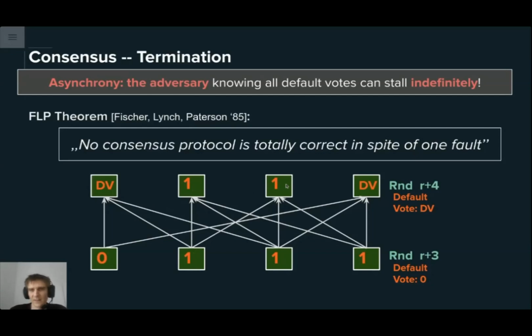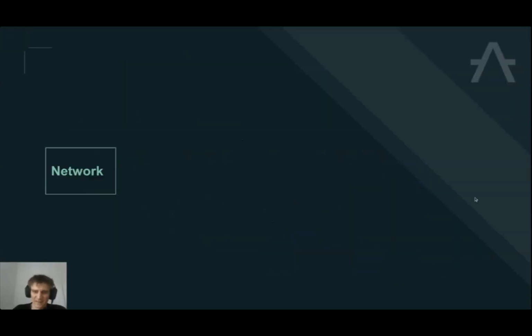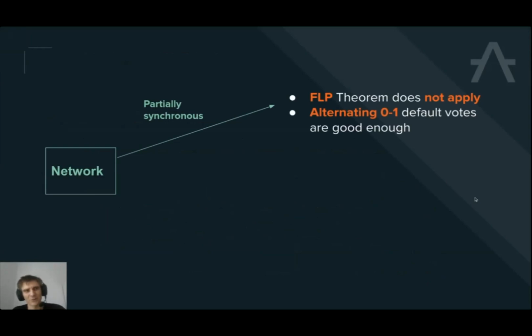So now, if the default votes were kind of random, then we would have a 50-50 chance to hit consensus, because if in this case we hit 1, then we are done. So this intuition kind of works if the network is partially synchronous and the adversary is not so powerful.